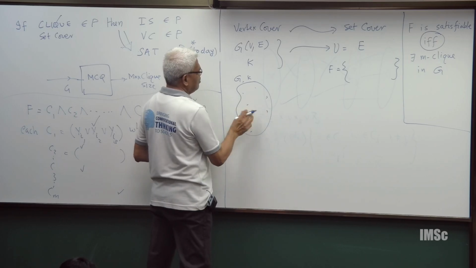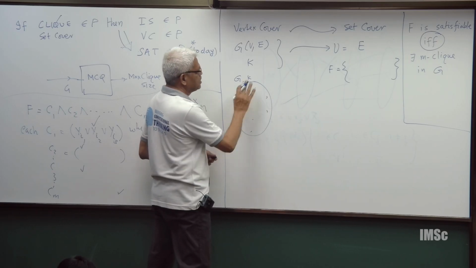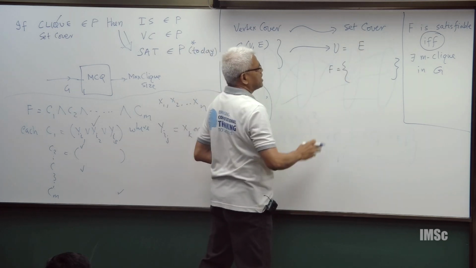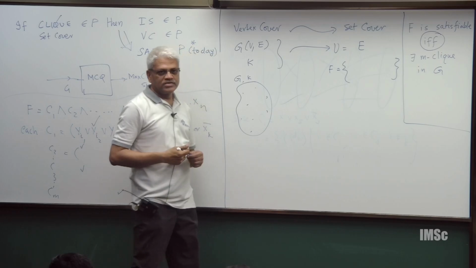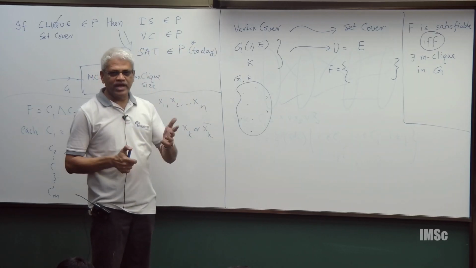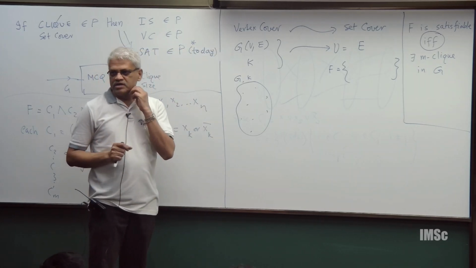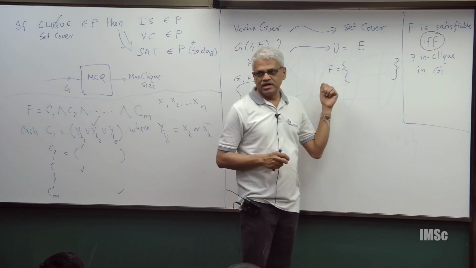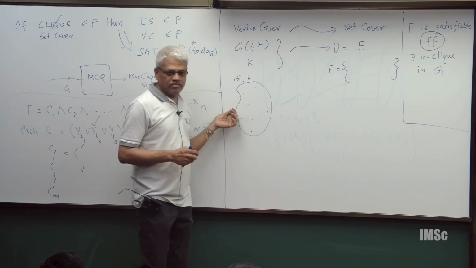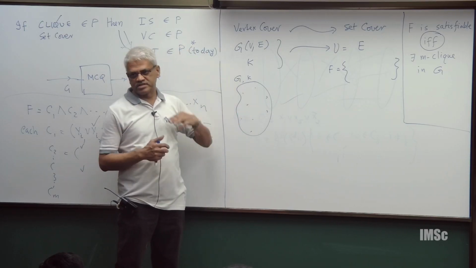I want to pick k vertices to cover all edges. So, now my universe is edges. I need to pick some k, it need not be k, it could be some k prime you can come up with, so that k prime subsets covering the edges correspond to some k vertices covering the edges.